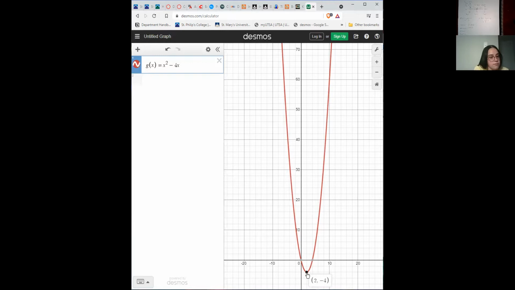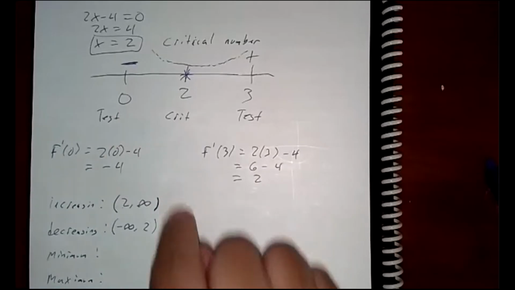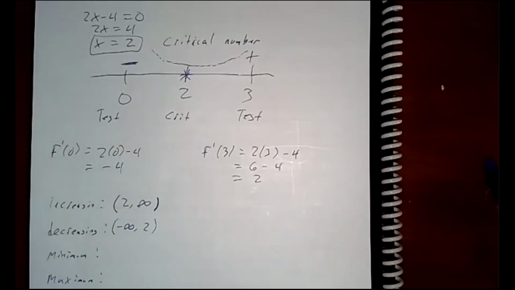I don't include it, and that's the only reason we don't put brackets. Right after 2, we're increasing. So the question becomes, is it both? You see what I mean? To eliminate that weirdness, we can't include it on both, so it's best to just not include it at all.